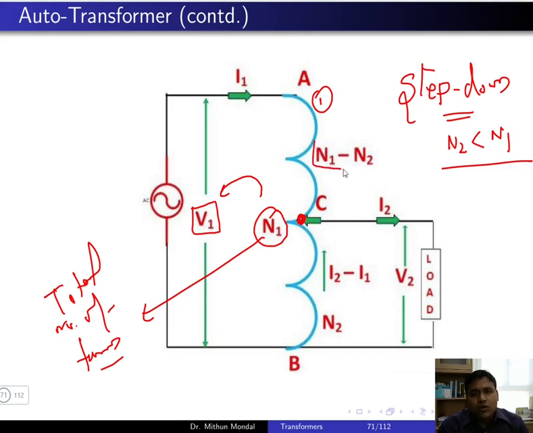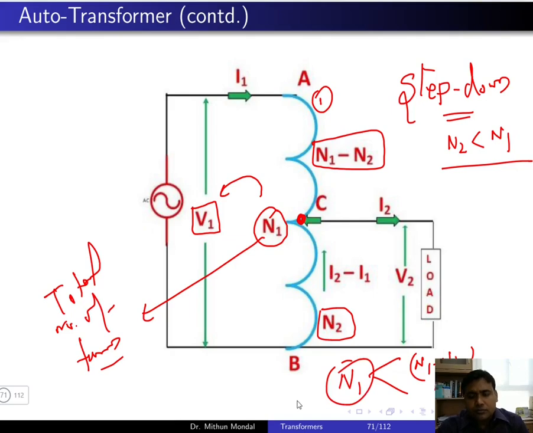So one is N1 minus N2 and another is N2. So N1 is broken down into two parts, N1 minus N2 and N2. If you add both, then it will be N1 only. So the part of N2 is being tapped to the load.